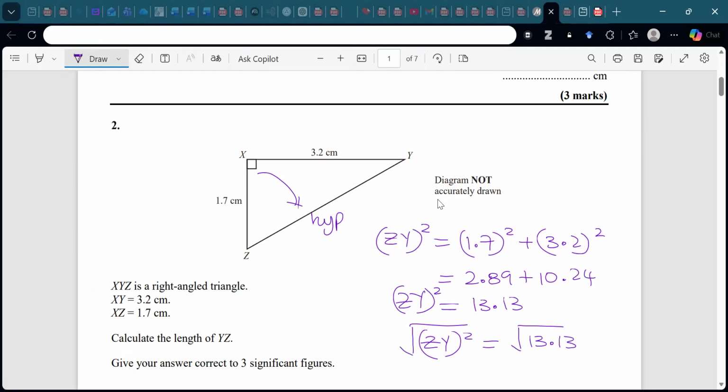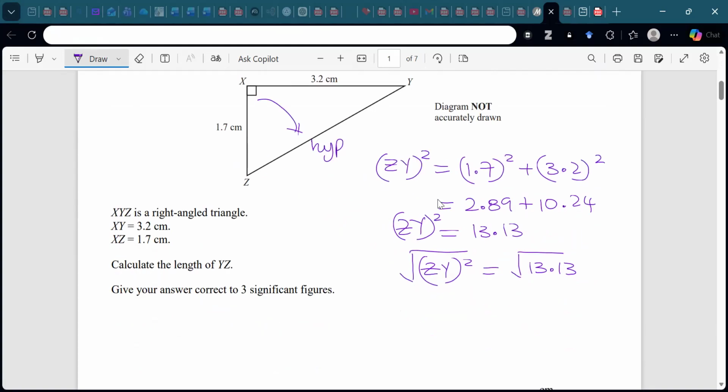Now this one says three significant figures. So if we raise to the power of 0.5, I'm going to get 3.62. All right. So ZY is equal to 3.62. This is in centimeters again. We have 1, 2, 3 significant figures. All right, so 3 significant figures.